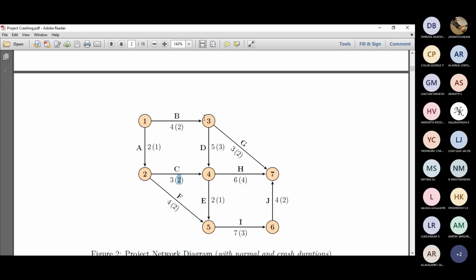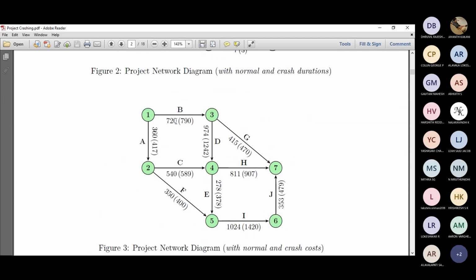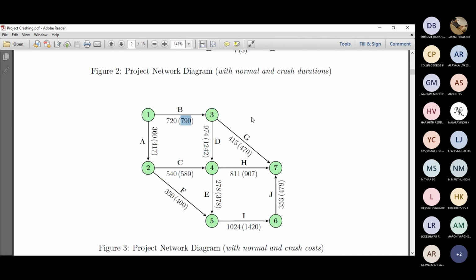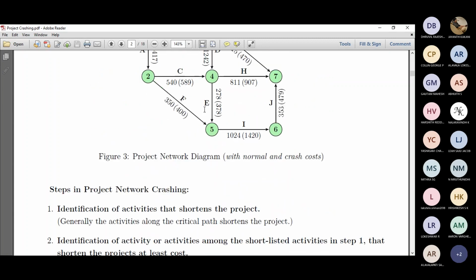In the same way, you can explicitly mention the cost. So normal cost outside and crash cost inside. So you don't have to draw two different diagrams. Even in a single diagram, you can express it. For clarity, I've drawn two different diagrams. One is on time, another is on cost, something like that, right?